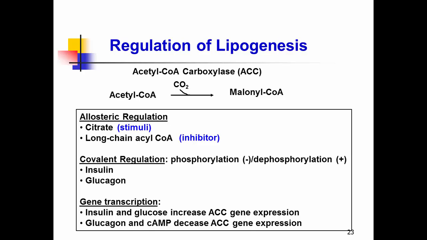And long-chain acyl-CoA is actually an inhibitor of lipogenesis. So try to connect why a high-fat diet inhibits lipogenesis to long-chain acyl-CoA, right? In which conditions do long-chain acyl-CoA levels increase?